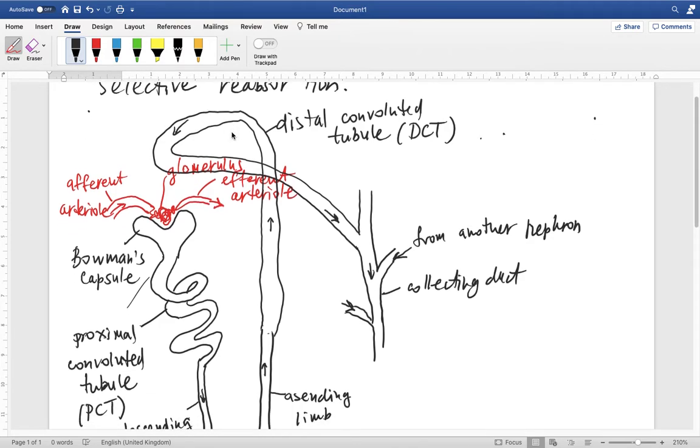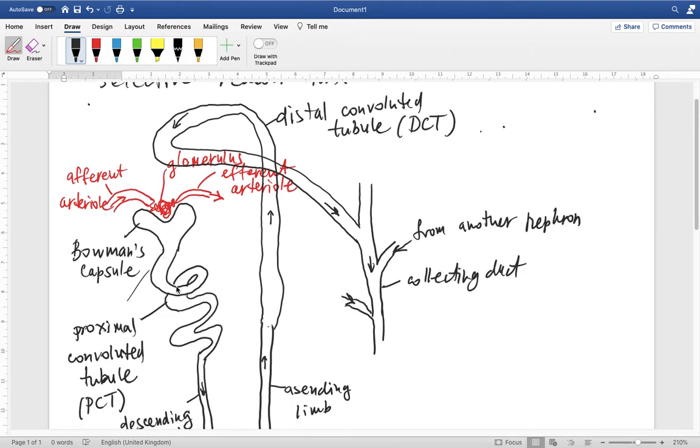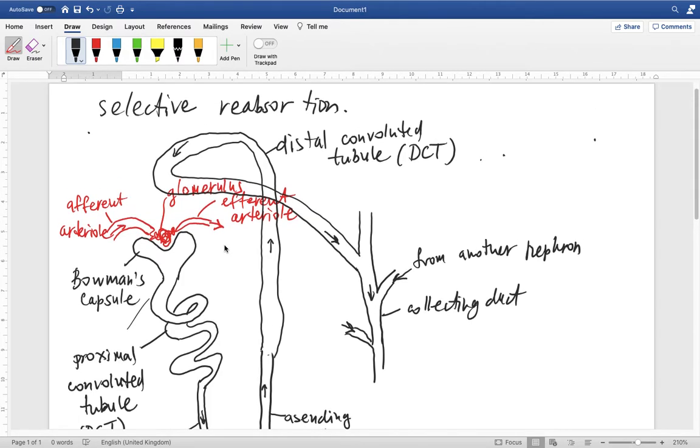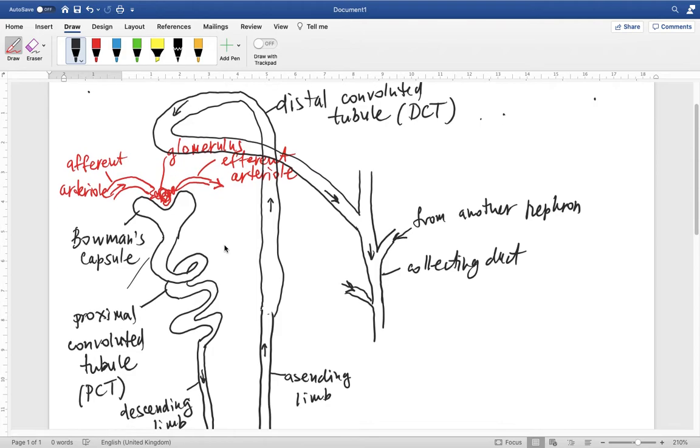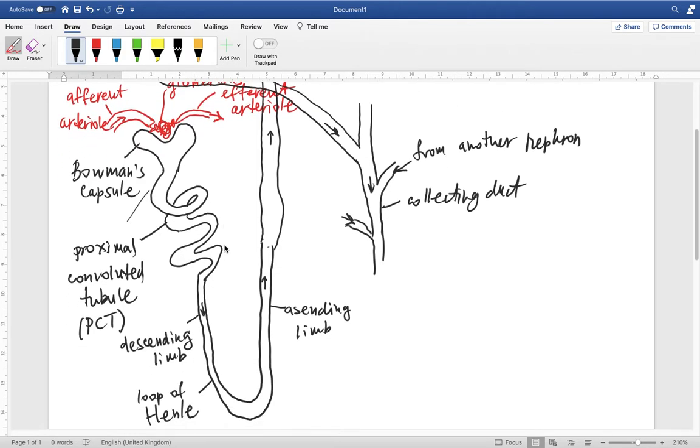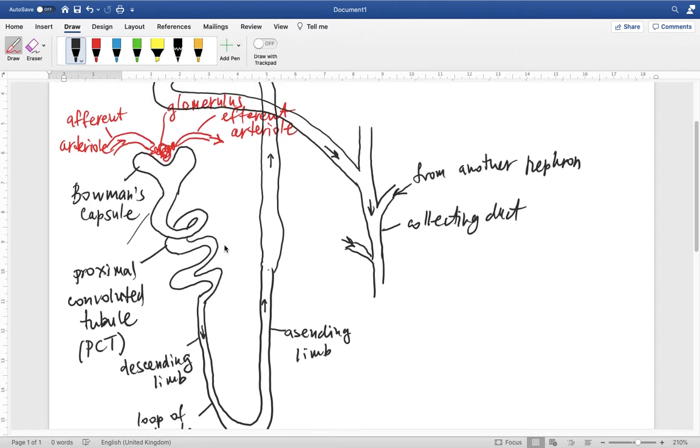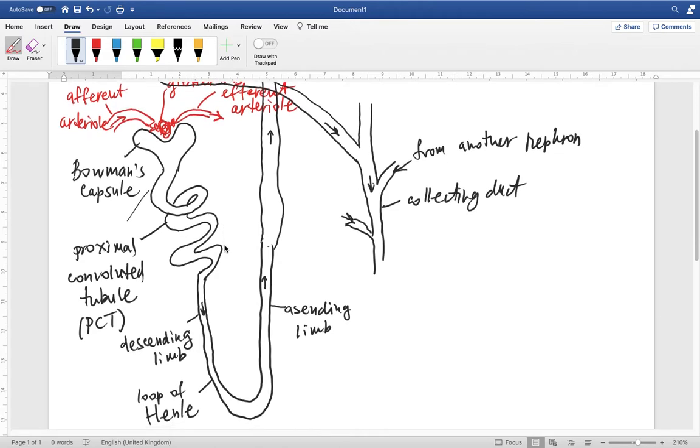So if the nephron was really short, you just wouldn't have enough opportunity for these substances to get back into the bloodstream. It's a bit like what's happening with your digestive tract. You want your small intestine, where you have absorption happening, to be long, right? So you're getting all these useful substances into your bloodstream. So this is similar. You want the nephron also to be long, and make sure that everything you want to reabsorb is getting reabsorbed.